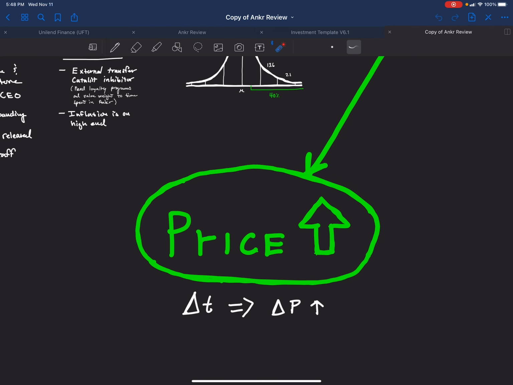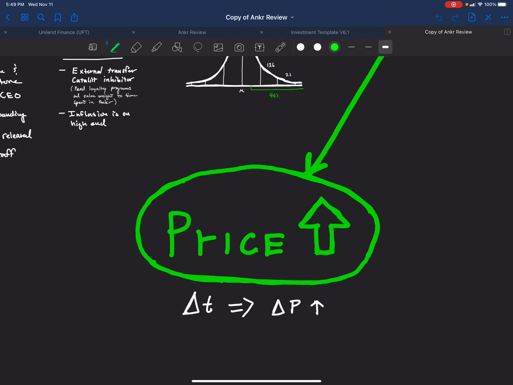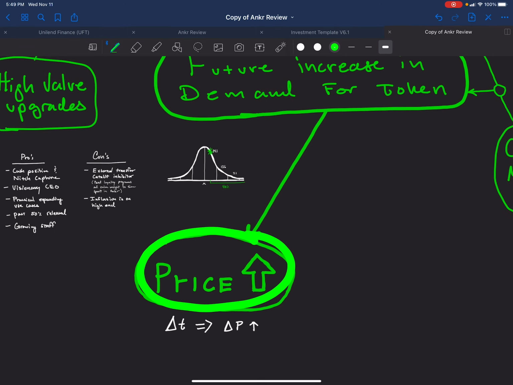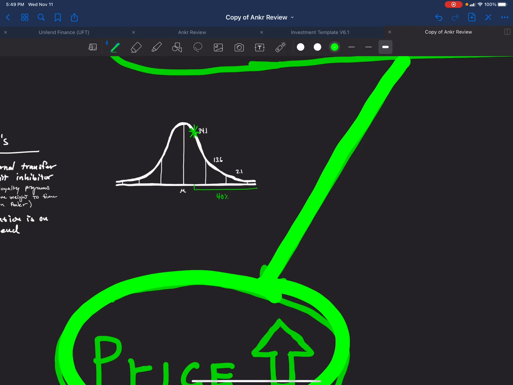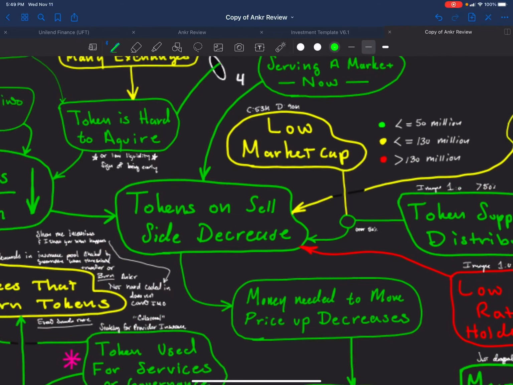So let's jump right into the assessment. I expect there to be strong price movements in the future. I think it'll be within the upper 40 percentile. It may even be a little bit higher, but I think it'll be somewhere in this range of performers, just because its market cap isn't super small.